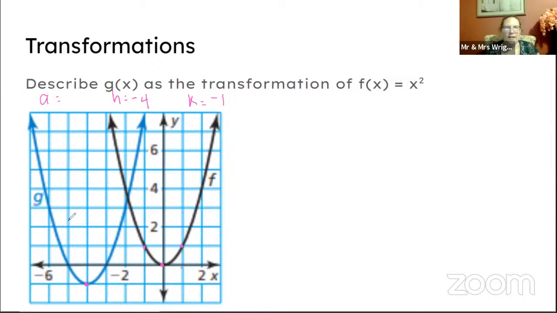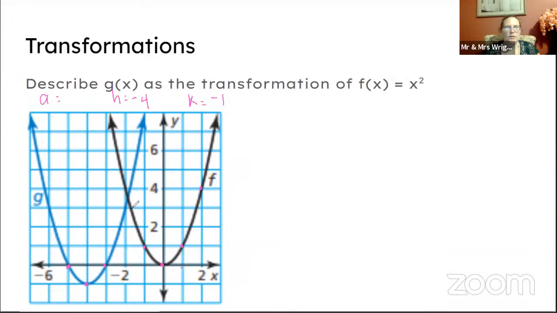If we have that on here, then we probably do not have any stretching or compressing. So over 1 and up 1. Oh, good, it's on the graph. Well, let's look at what happens if we go over 2. Where is the graph? Well, it's up 4. So we went over 2 and up 4.